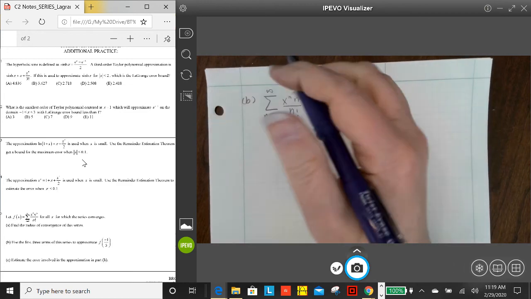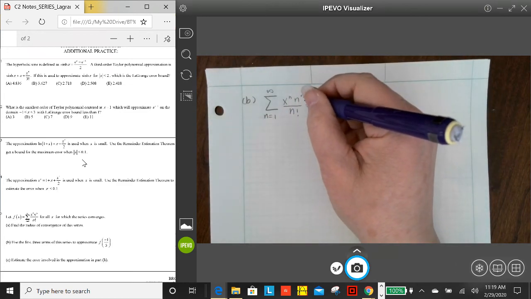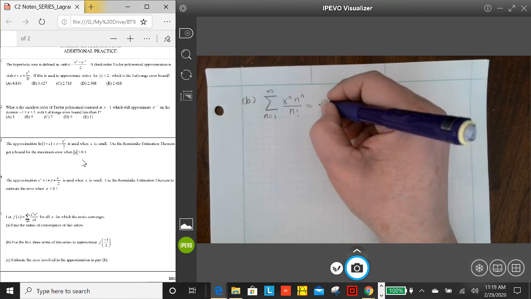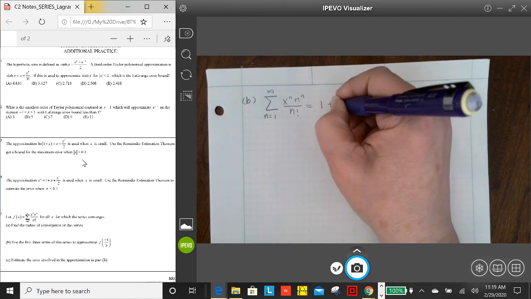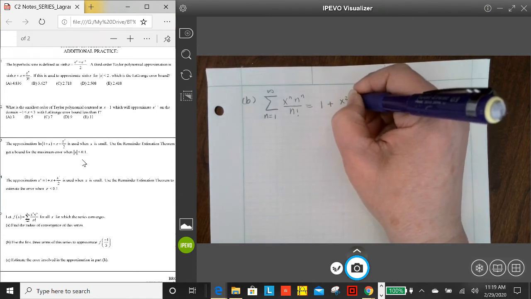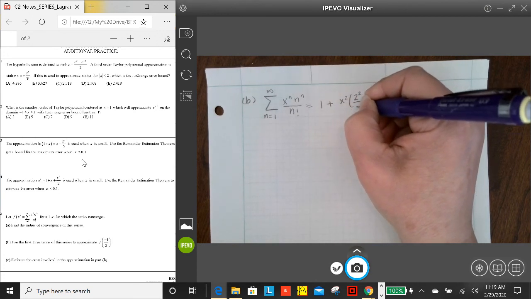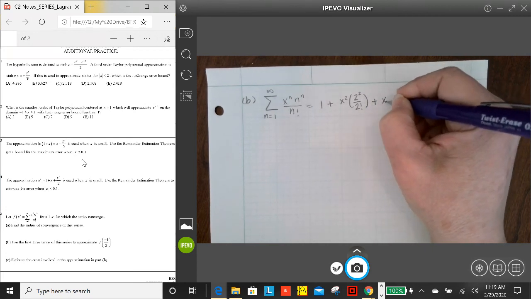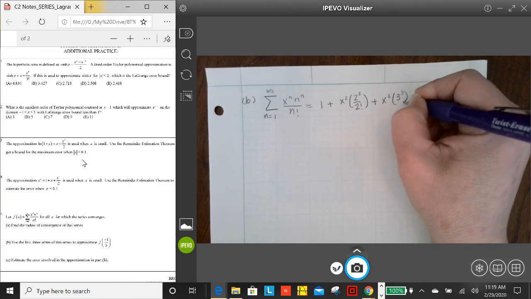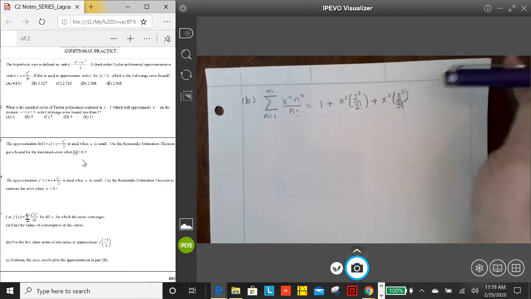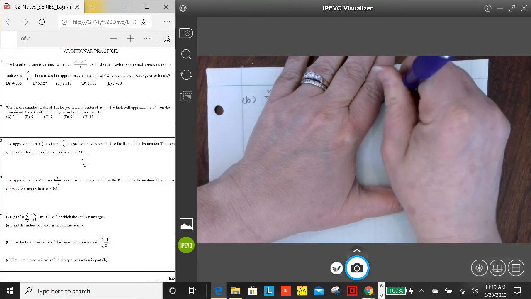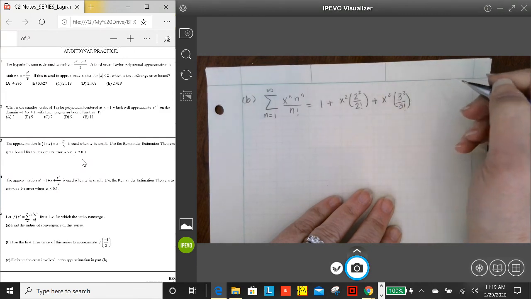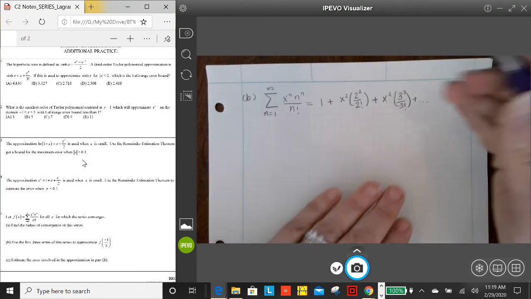I get x to the first, and n equals 1, so it's just 1, plus if I let n equal 2, I get x squared times 2 squared over 2 factorial, plus the third term would be x cubed times 3 to the third over 3 factorial, plus so on. We can keep going.